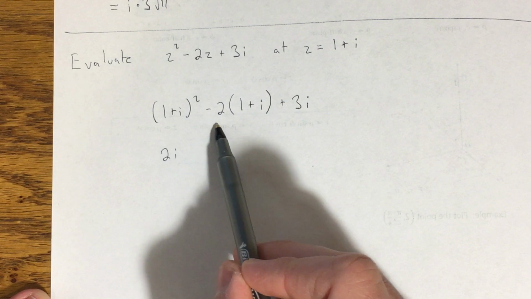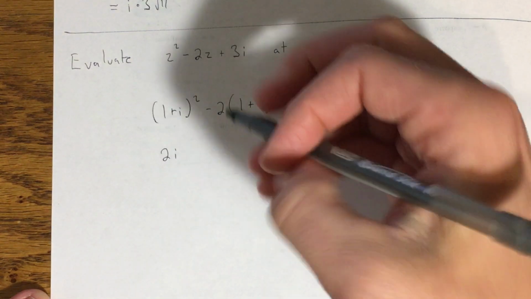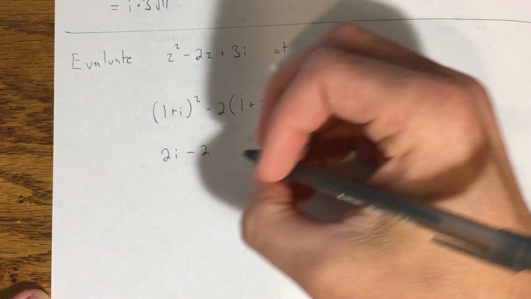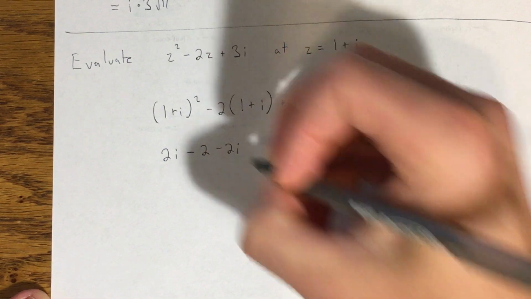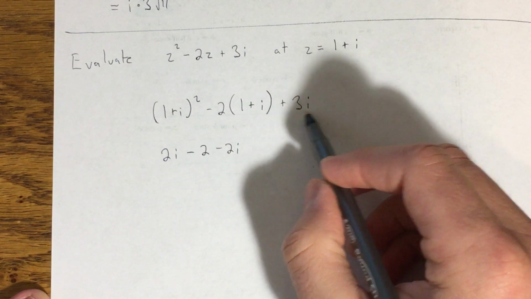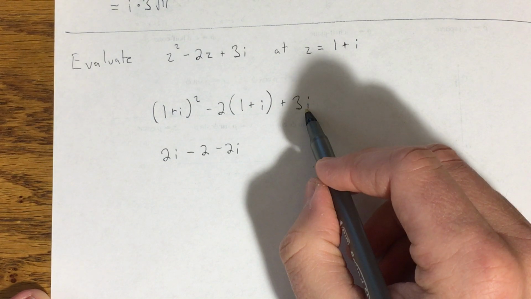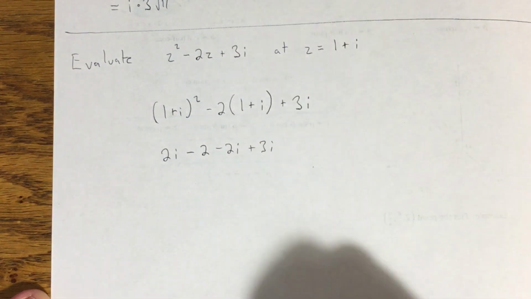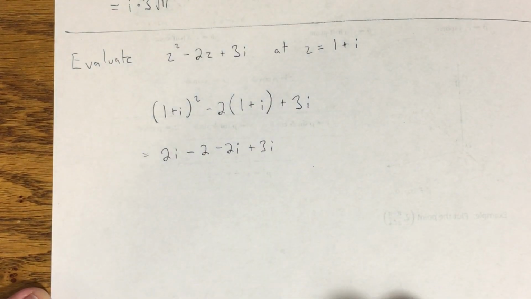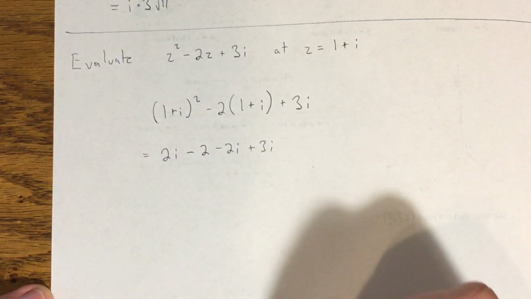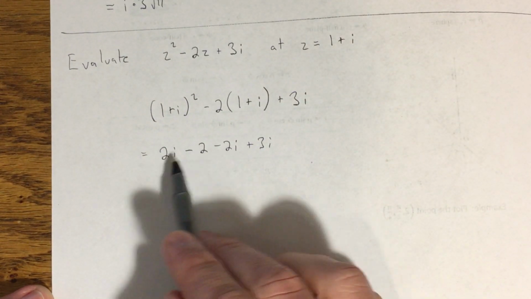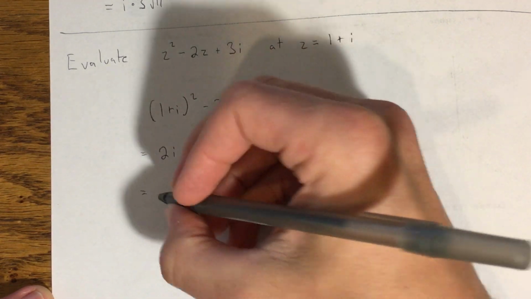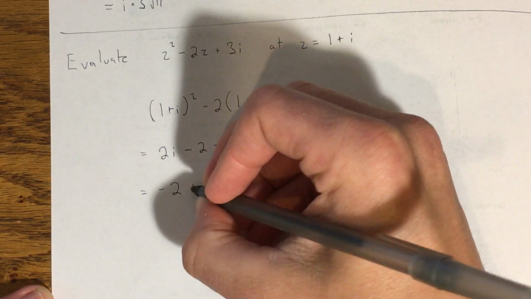This, the negative 2, we just distribute in. So I get minus 2 minus 2i. And then this plus 3i, there were no z's in this part of the expression, so this is a constant. That's just plus 3i, nothing changes there. Okay. Finally, I combine any like terms. Notice the 2i and the negative 2i, those are going to cancel. And so that leaves me with negative 2 plus 3i.